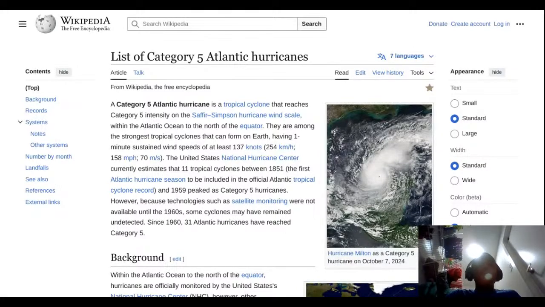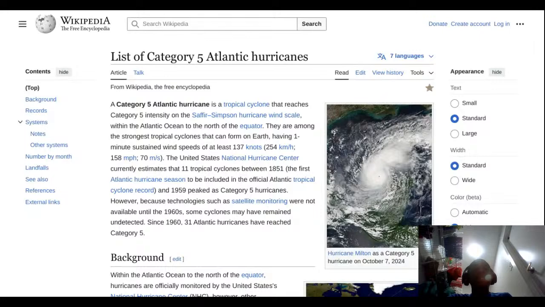To the north of the equator, they are among the strongest tropical cyclones that can form on Earth, having 1-minute sustained wind speeds of at least 137 knots, 254 km/h, 158 miles per hour, 70 m/s.